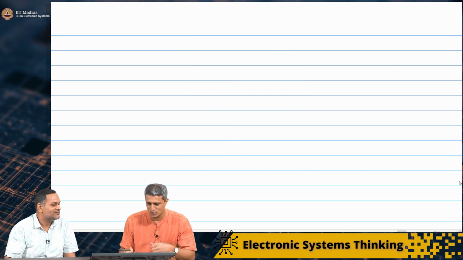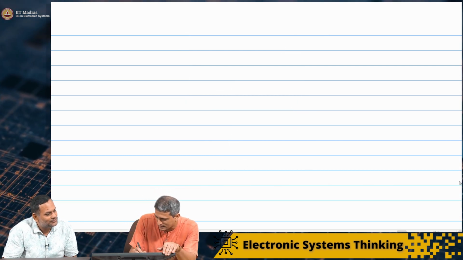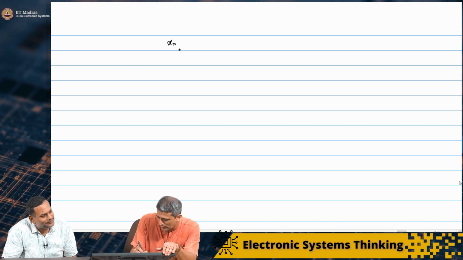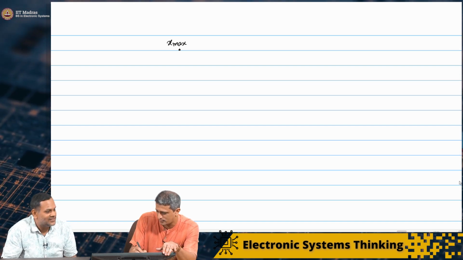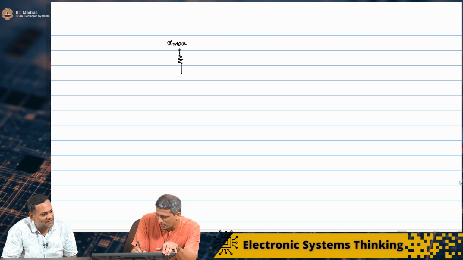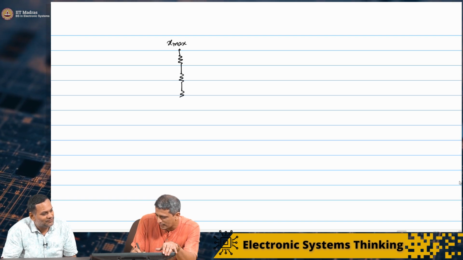In fact, if you look at this, you take the X max voltage and simply build a resistive divider.